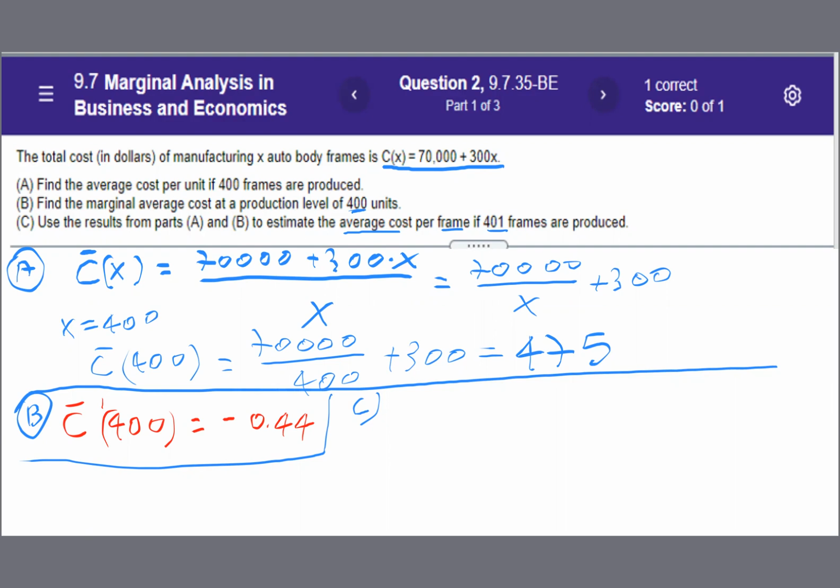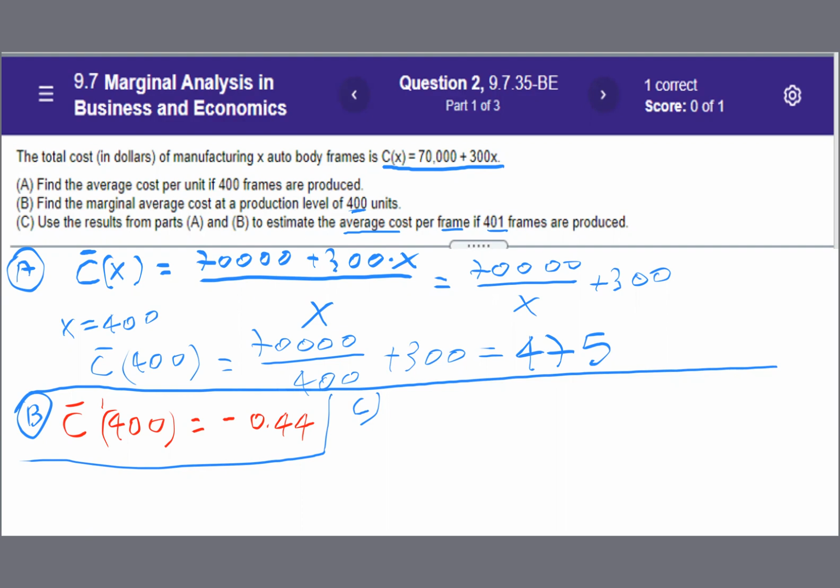So A gives us the average cost per unit when we produce 400. The marginal average cost when we produce 400 units tells us that the average cost when we produce 401 units is decreasing by 44 cents.